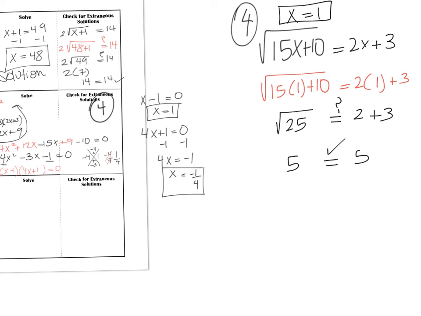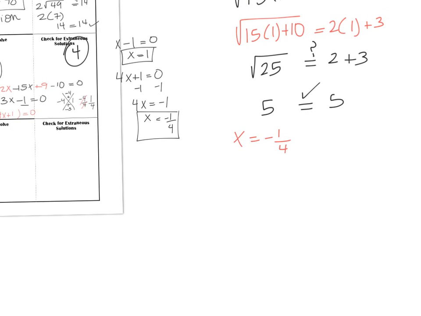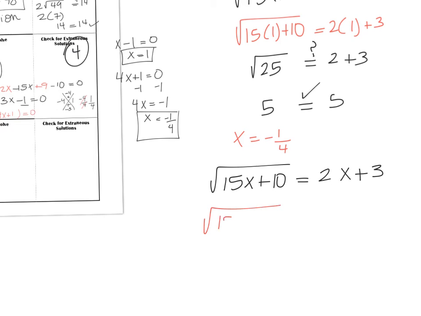Now I'm going to check x equals -1/4. So I'm going to plug it back into the main equation. So 15x plus 10 equals 2x plus 3. I'm going to plug in -1/4 into both sides of the equation, and let's see if this is going to end up being the same.